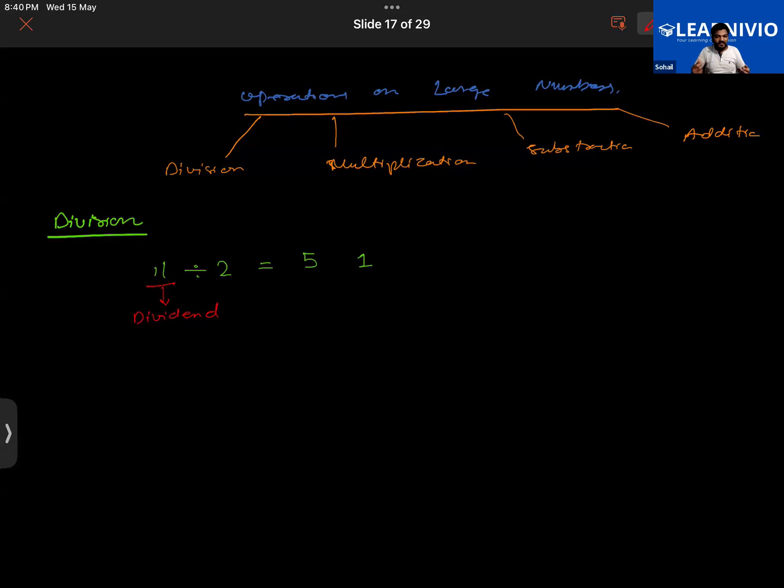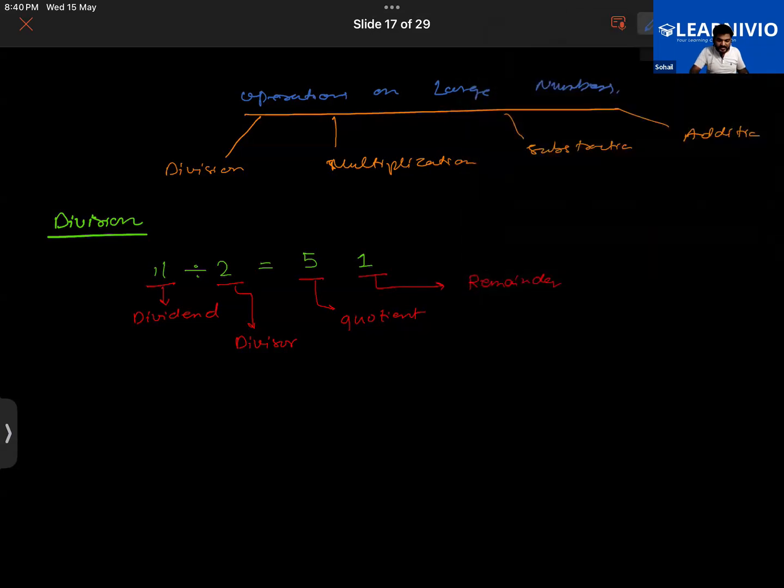The number with which it has to be divided is called the divisor. This 5 is called the quotient. And 1 is the remainder.